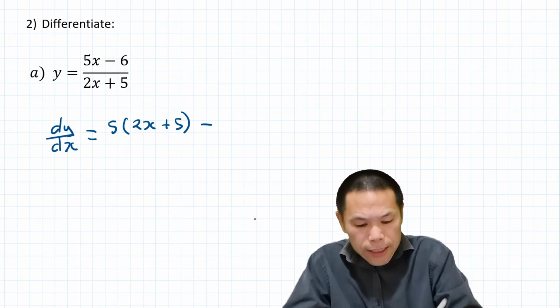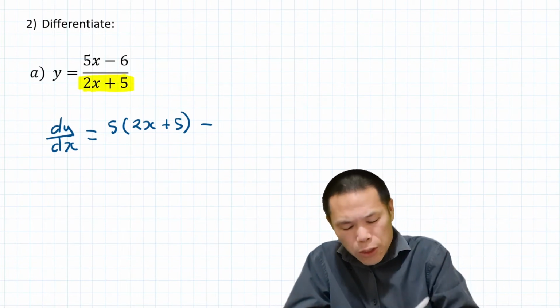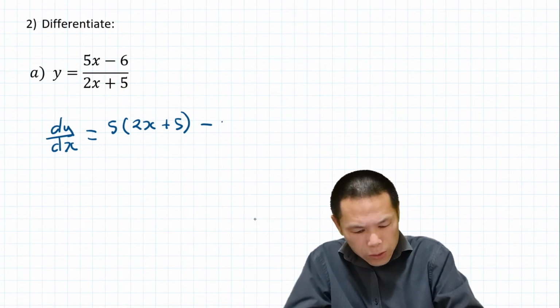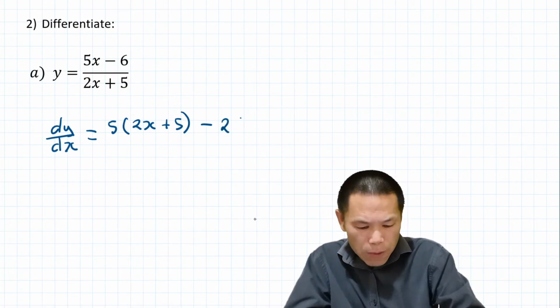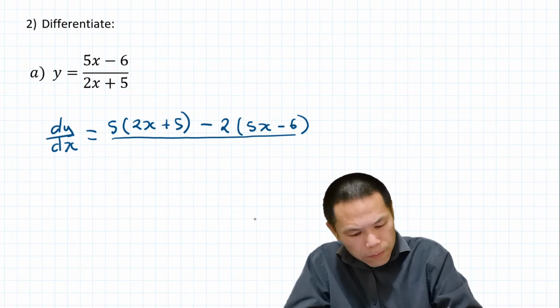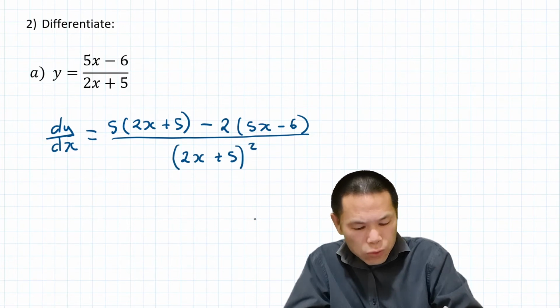And then we minus differentiate the bottom. To differentiate this, it'll give me 2. And times the top function, that is 5x minus 6. And over the bottom square, so that is (2x plus 5) to the power of 2.